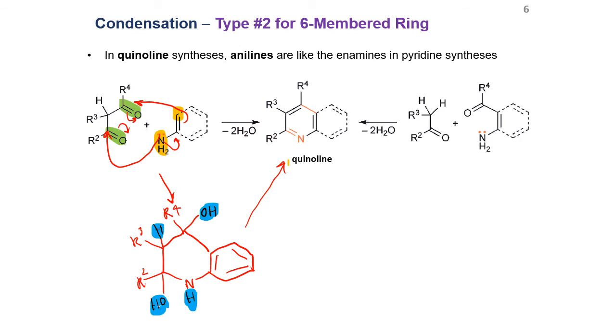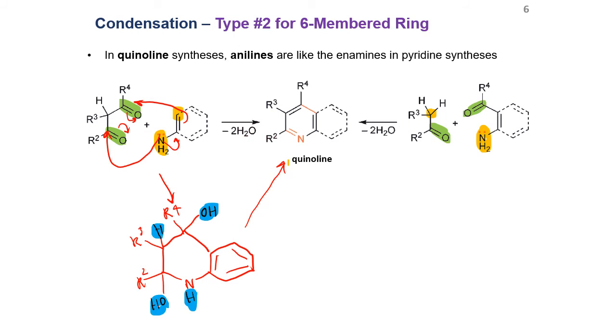Another way to synthesize quinoline is by using anilines that have an amine here, and also have aldehydes or ketones at the ortho positions to be the electrophilic site. And then you can use a carbonyl group. So here is the electrophilic site, and the alpha carbon, because you can form the enolate, is the nucleophilic site.